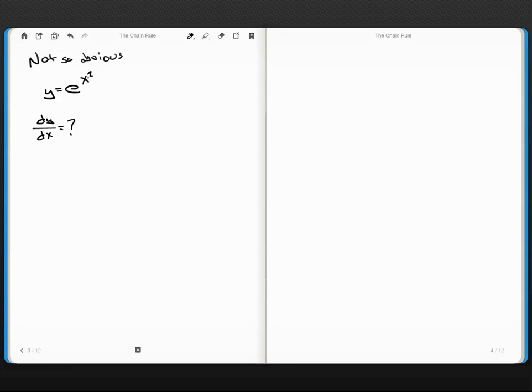Well, what do we have? We really do have two nested functions. We've got e to the something, and I like to put these in a blue box up here. So this is e to the something.